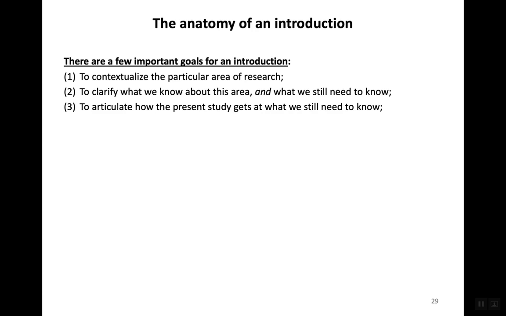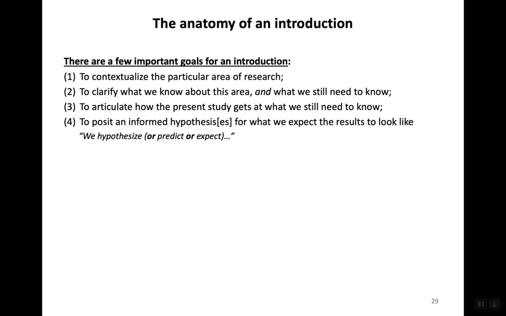Third, they try to articulate how a given study can get to what we still need to know. What kind of experimental paradigm is used? What type of analysis? What type of population will be investigated? So all of these things need to be motivated in terms of their ability to get to a specific question.